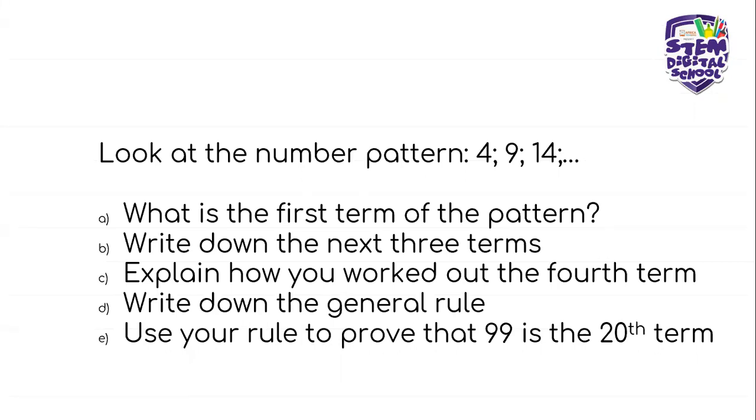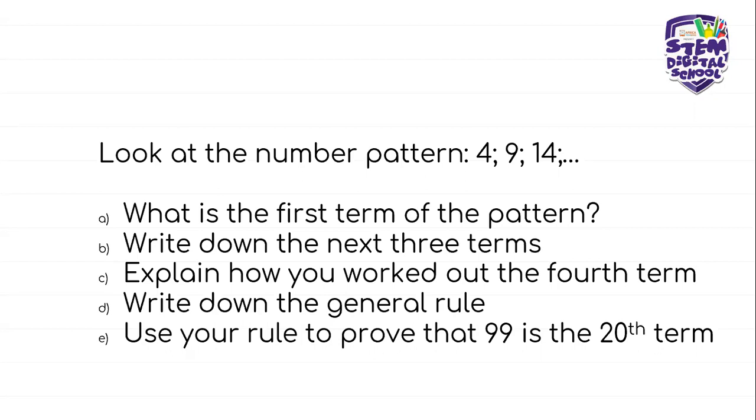Position 1 is 1, obviously. That's the first position. We'll say 5 times 1 equals 5. And then our first term is 4. So to get to 4, you must subtract 1. You multiply 5 by the input, which is 1, and you get 5, and then minus 1 is 4.